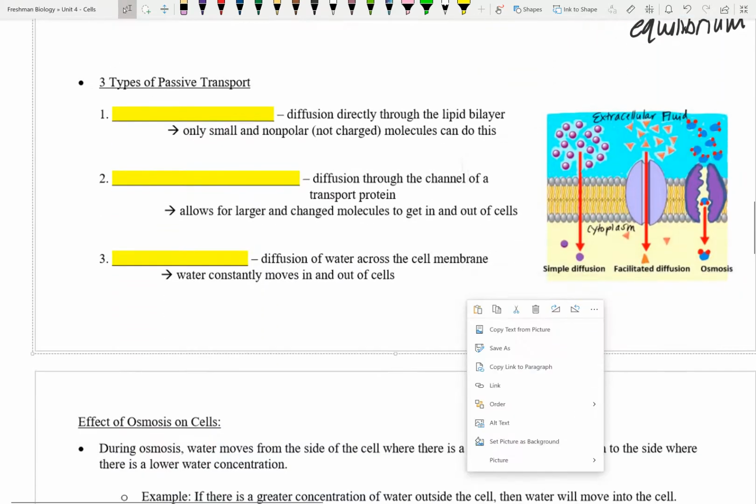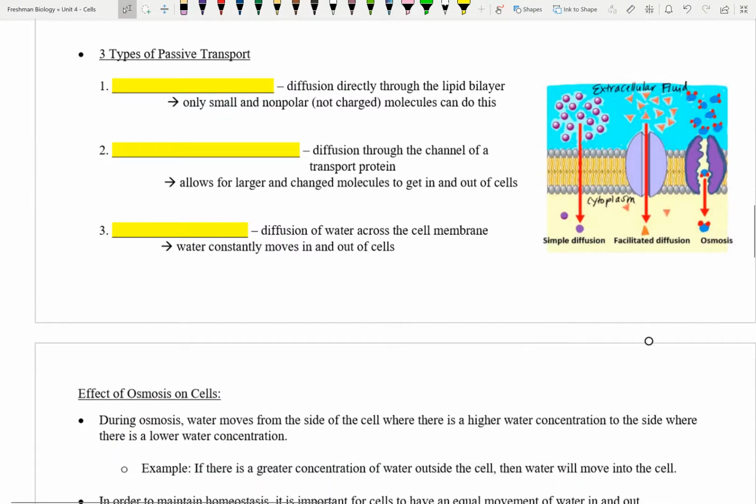So with passive transport, diffusion is occurring. And if it's something that can get directly through the cell membrane, we call that simple diffusion. We can see here, this purple material is moving inside the cell to where there's less of it.